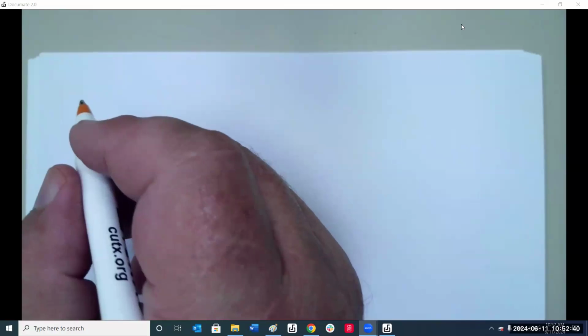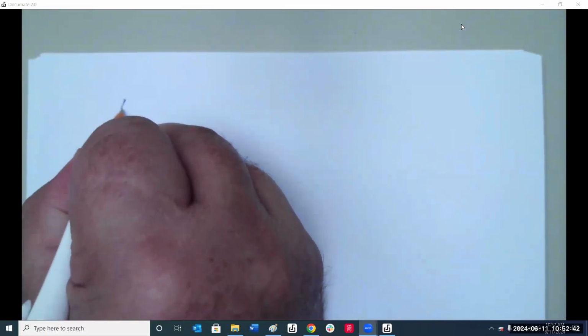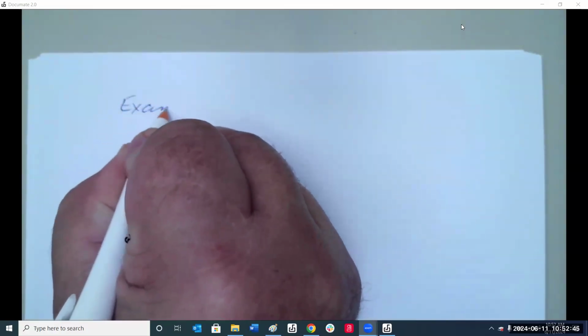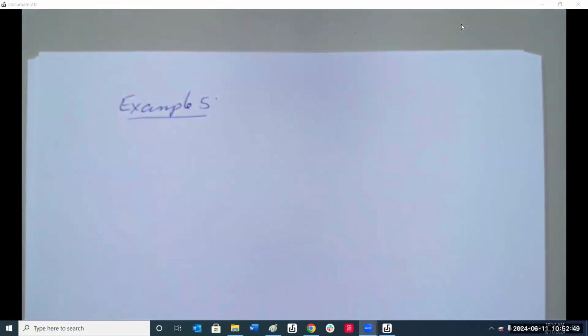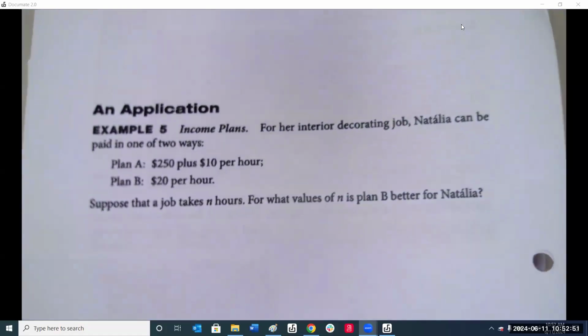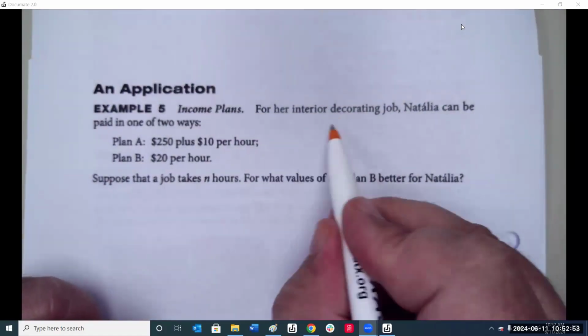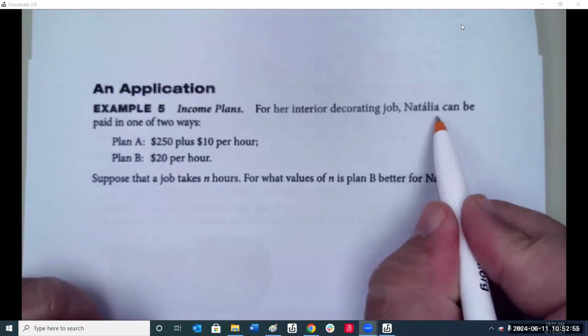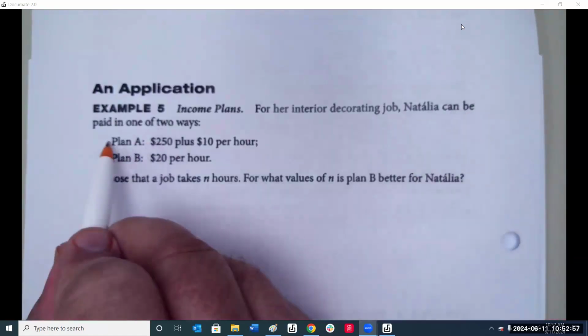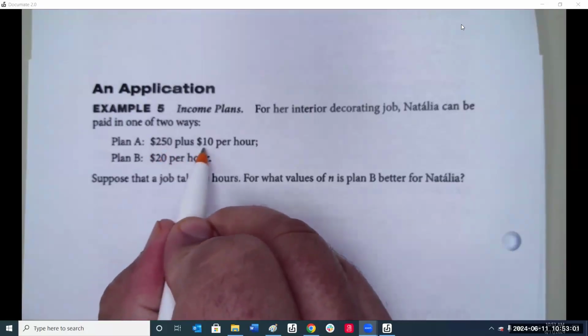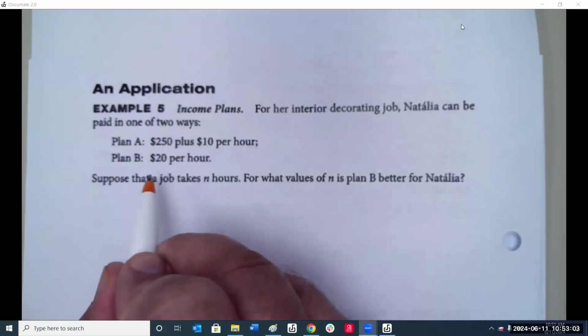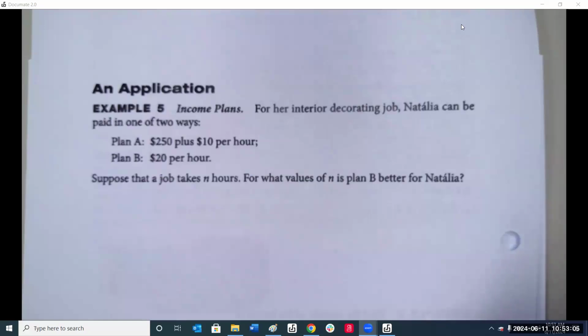The last one, here's a word problem, an application problem. Here's what it says. For her interior decorating job, Natalia can be paid in one of two ways: $250 plus $10 per hour, or $20 per hour.